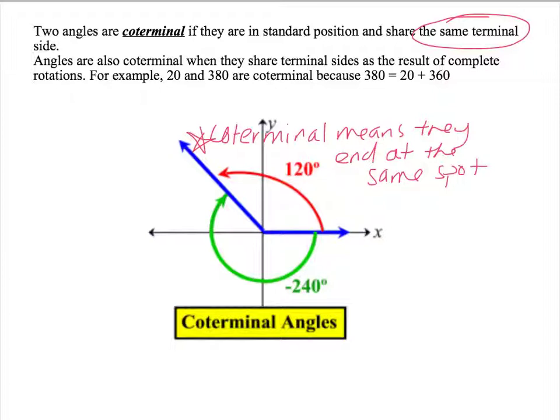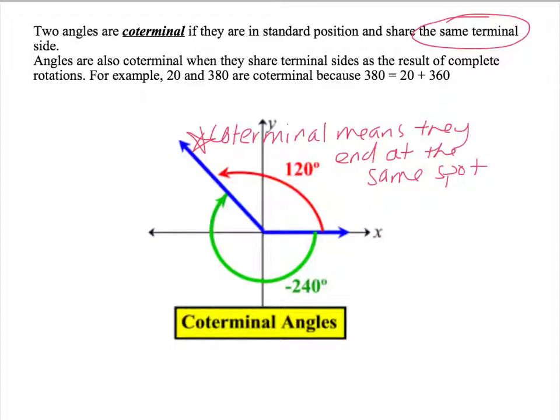What if I wanted an angle that ended up right here, just like the 120, but I didn't want to go in the negative direction? Ideas?